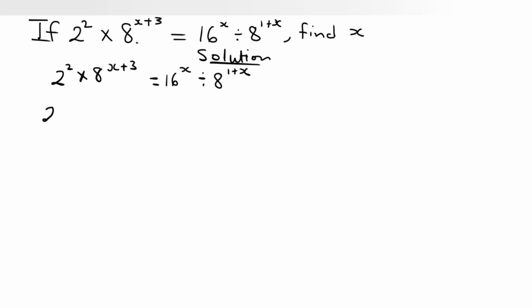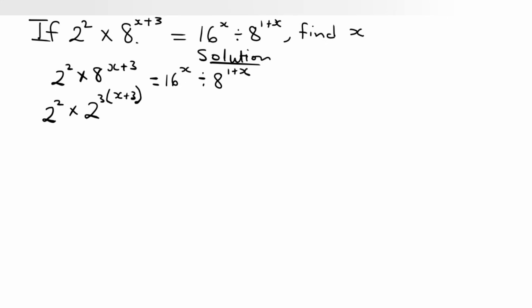We have 2 raised to power 2 times. So this 8, we are going to express it in such a way that we have 2 raised to power something to give us this 8. So 2 raised to power 3 will give us 8, because 2 times 2 times 2 will give us 8. Is that understood? So we will add the power. The power is x plus 3.